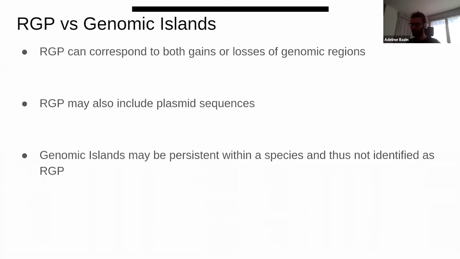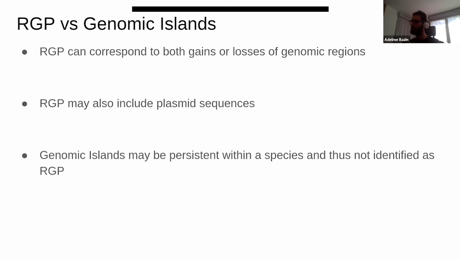However, RGPs, regions of genomic plasticity, are not just genomic islands. They can correspond to both gains or losses of genomic regions. So if some regions are lost differentially in your genomes of interest, those regions that are kept in a few genomes of interest will be predicted as RGPs.